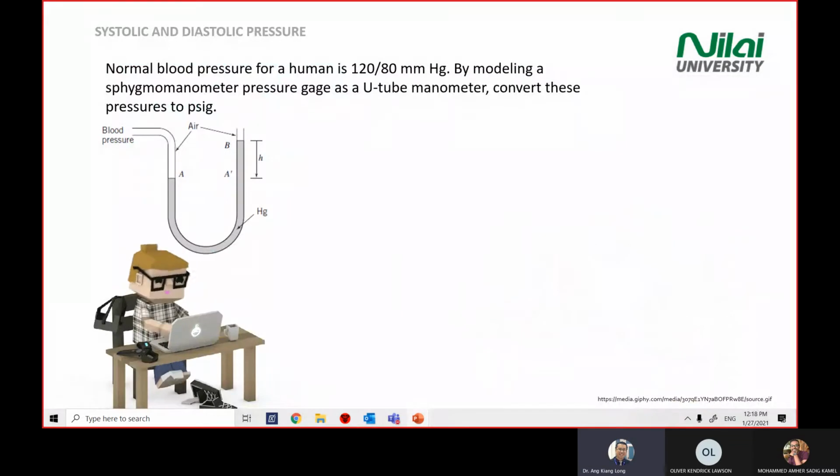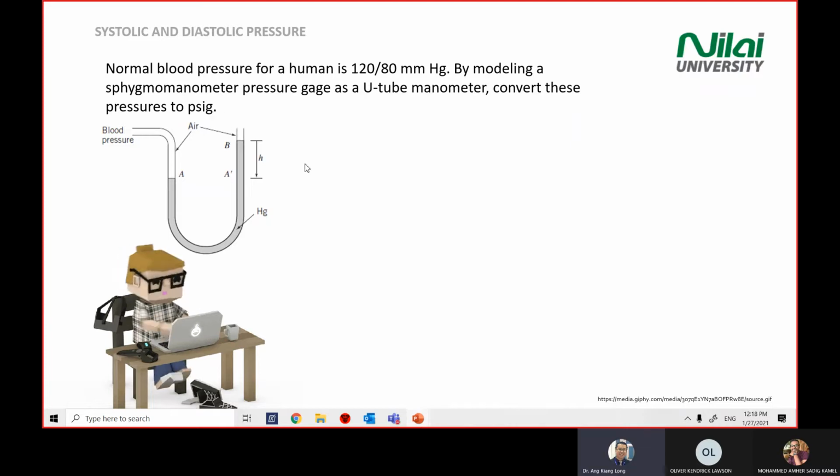We'll look at one example with this manometer, and this one can be found in your tutorial handout, question 7. A normal blood pressure for a human is 120/80 mercury height. By modeling a manometer as a U-tube manometer here, convert this mercury pressure into PSIG, or pounds per square inch gauge.